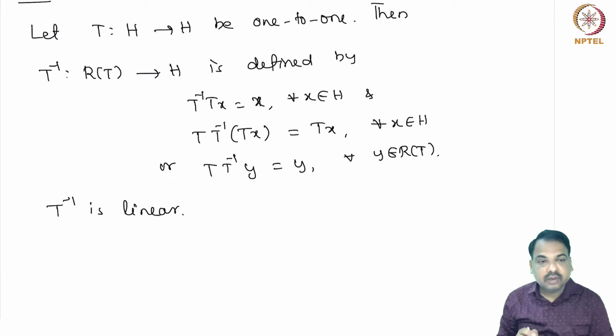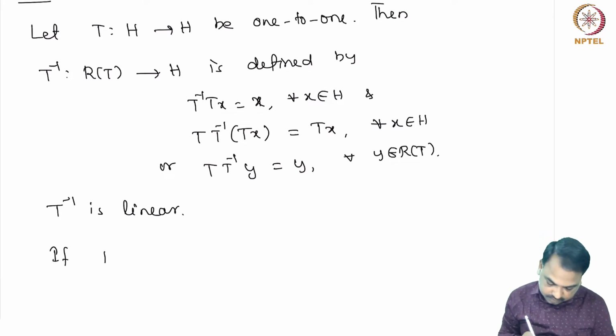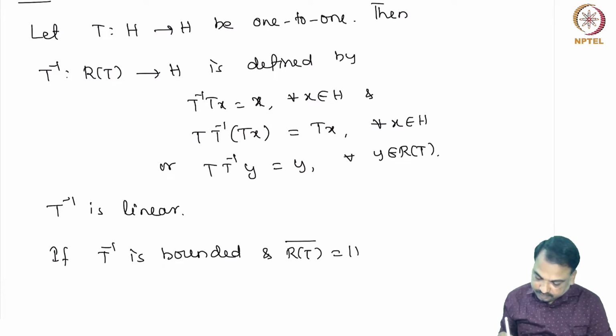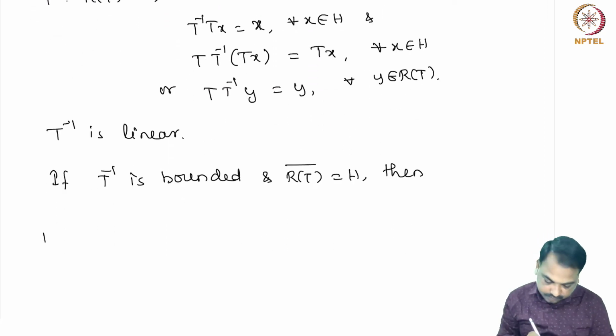If T inverse is bounded from the range of T into H, and the range of T is dense, then it has a unique extension by the earlier lemma.